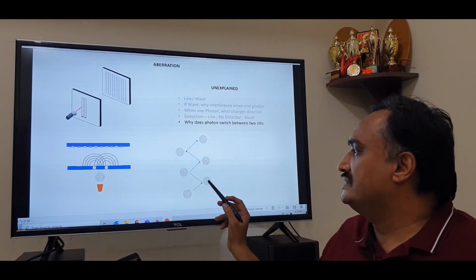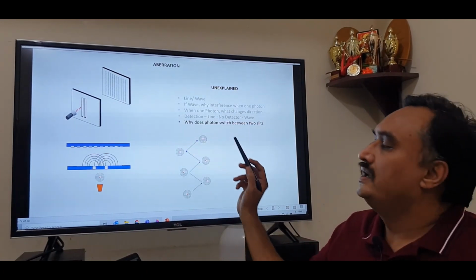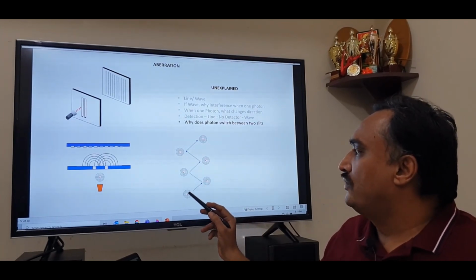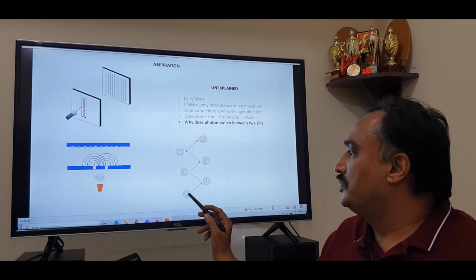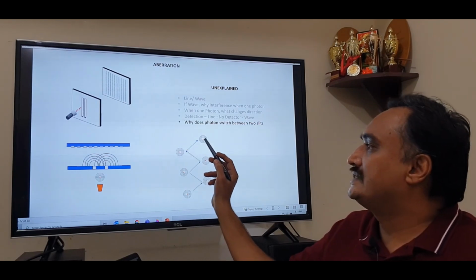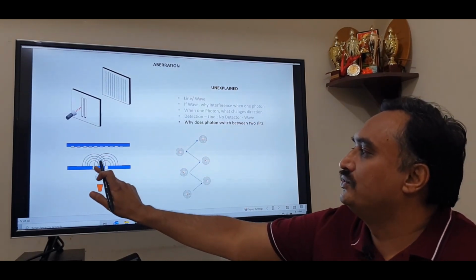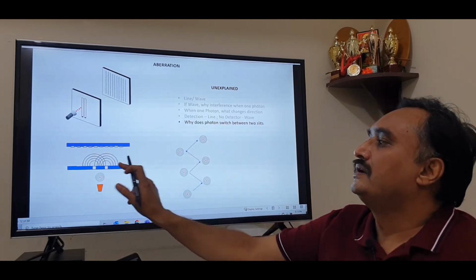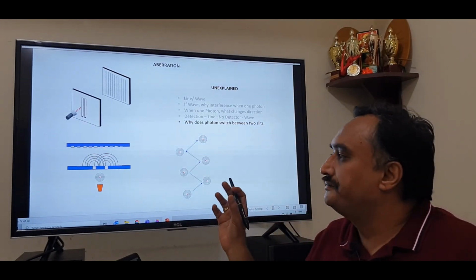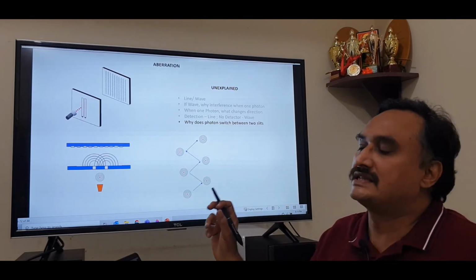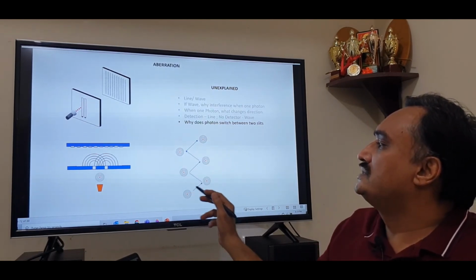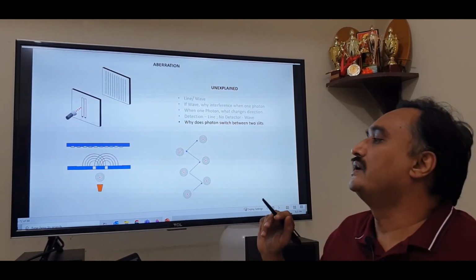That means there is a lateral movement happening in the photon. It's as though the photon is not going in a straight line, but going like a zigzag. And of course, it is a limited movement, because if you increase the space between the slits, obviously these photons would not be able to enter that slit.